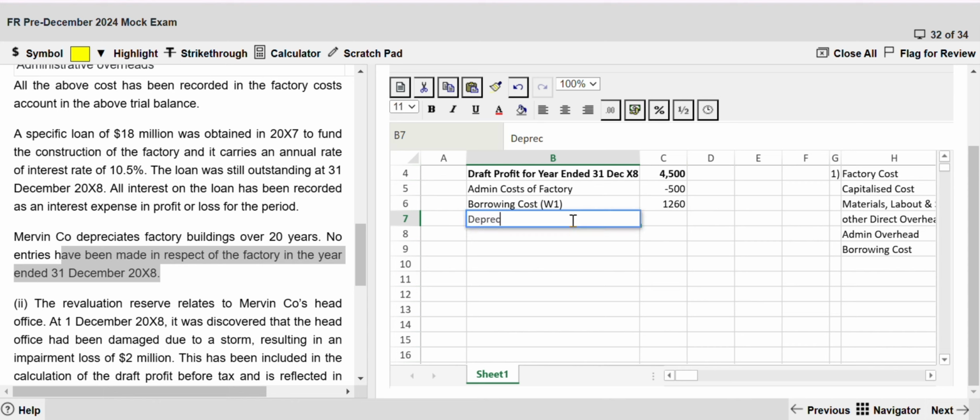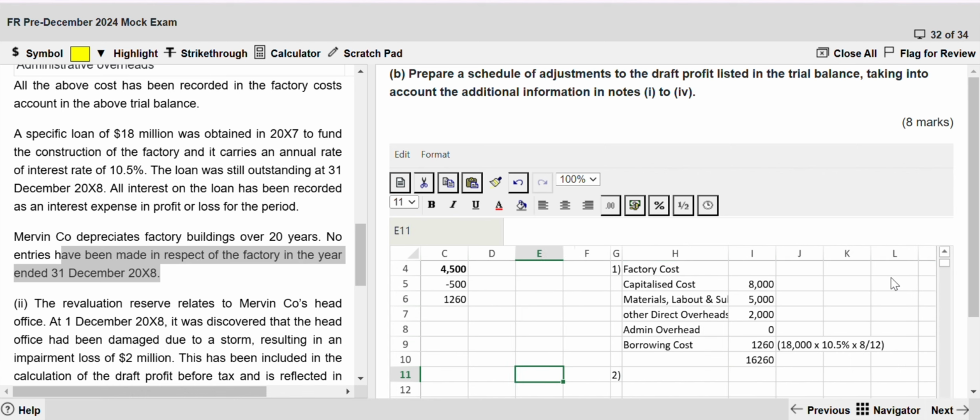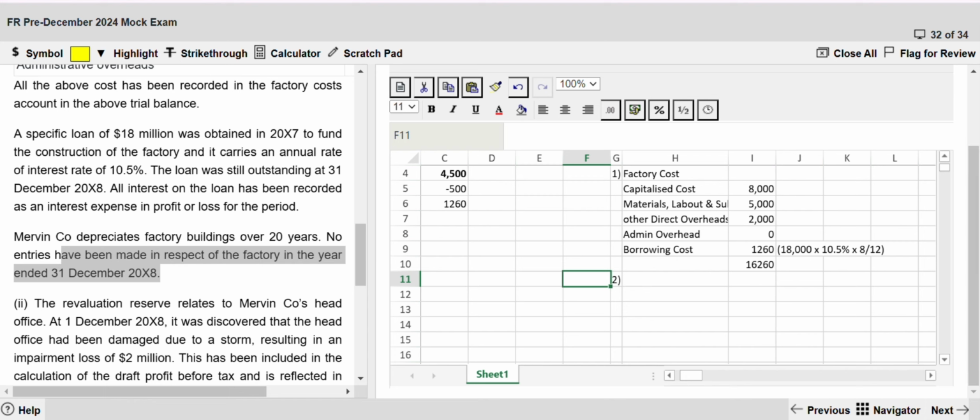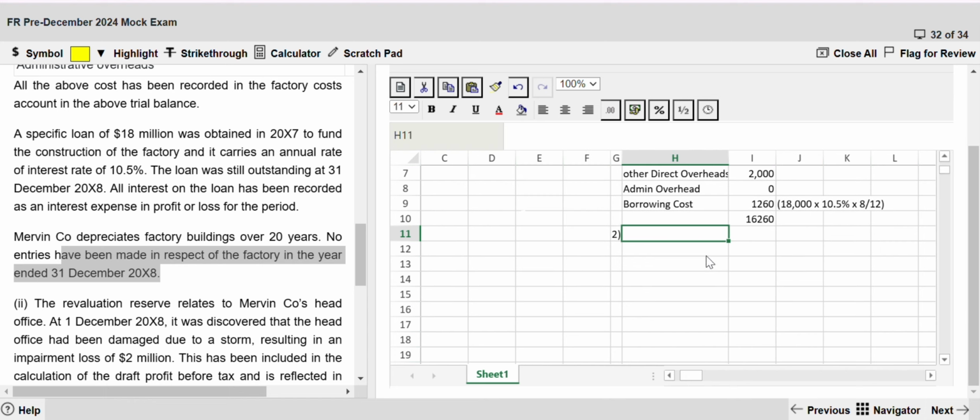So depreciation of factory which will be working 2. We can create the second working. ചെയ്തോടാ നീ? അല്ല ഏതാ എഴുതുന്ന? എന്താ? ആ done. Depreciation, okay, of factory.